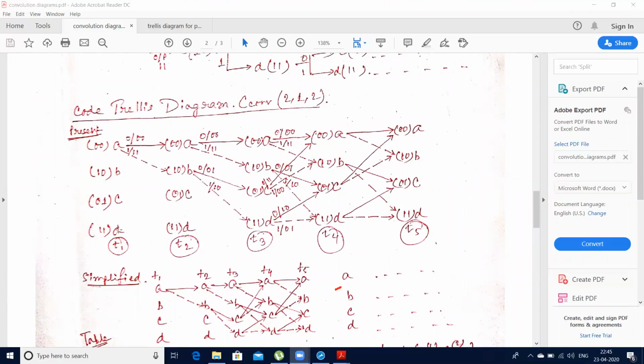So I'm just showing you the one initial sequence A, and you have to draw the whole possibility like B, C, D, or you can also show only one initial condition.